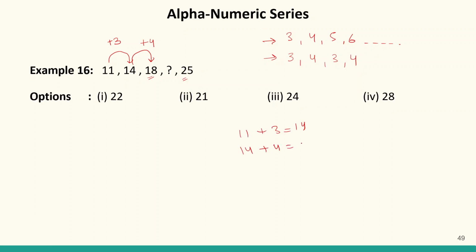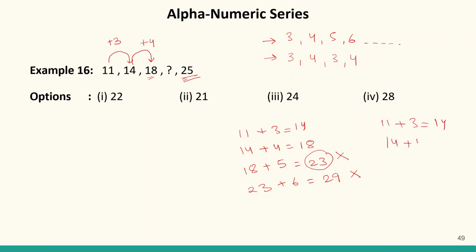Okay, so first will give us 18. 18 plus 5 will give us 23 and 23 plus 6 will give us 29. So no, because the next element is 25 and not 29. So 23 cannot be the answer. Let's check the other logic. If we add 3, we get 14.